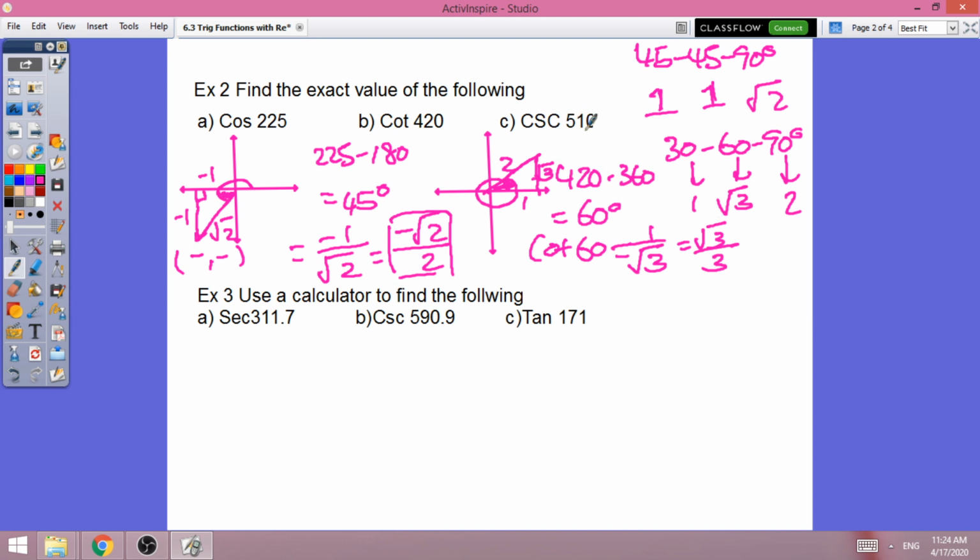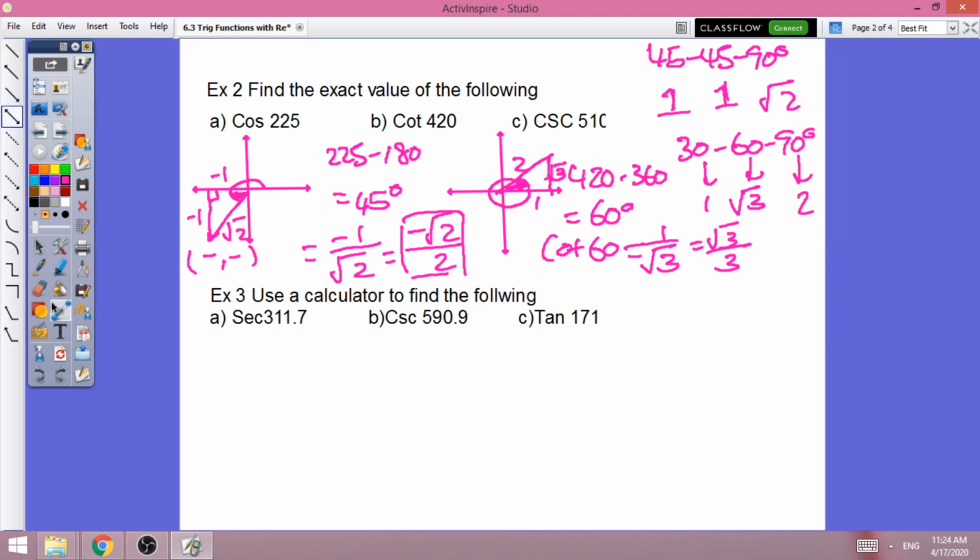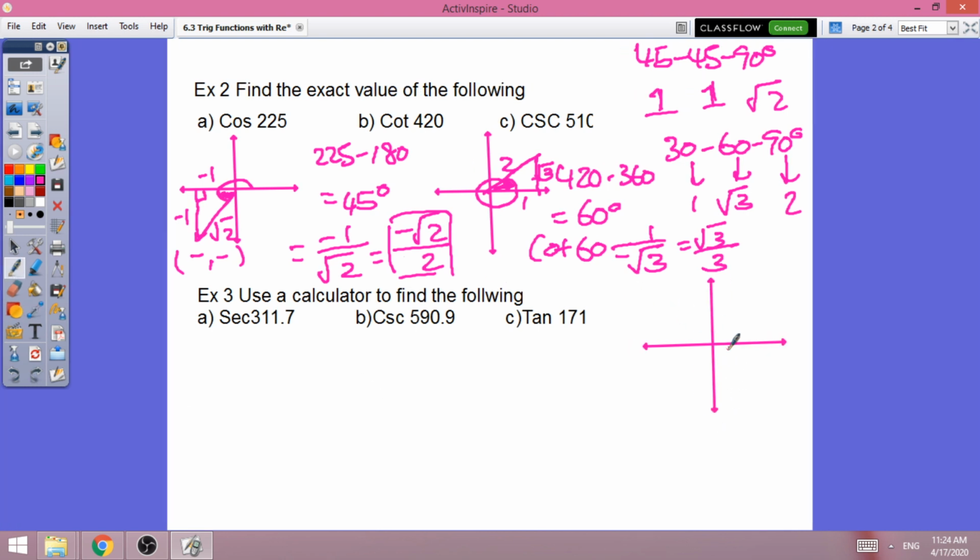Okay, so now what about cosecant of 510 degrees? Once again, draw the diagram to find out where the angle is located. For 510, we need to go around the unit circle once. 360 plus 90 is 450, and we're almost there.